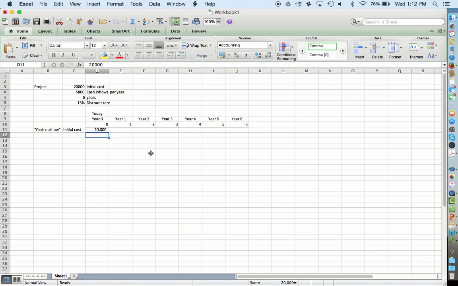Then I have the cash flows. And again, if you're not told any information, it is typically going to happen that the cash flows begin happening in year 1. So $5,800 in year 1. So the idea is I'm going to build a lemonade stand, and I'm going to sell lemonade.